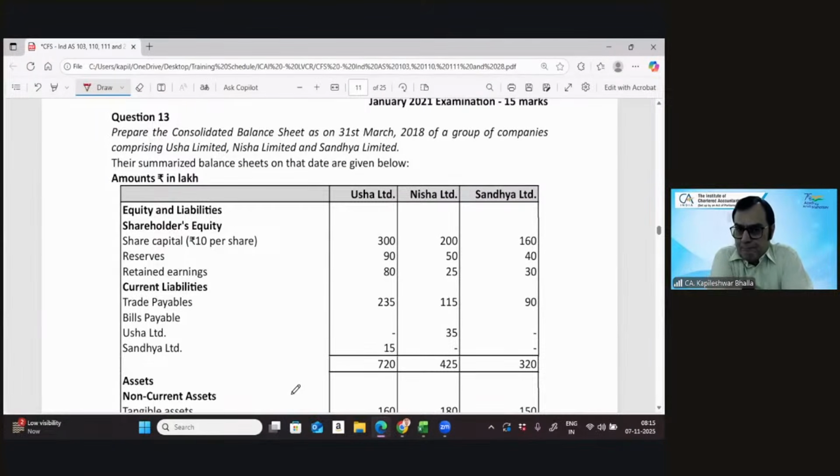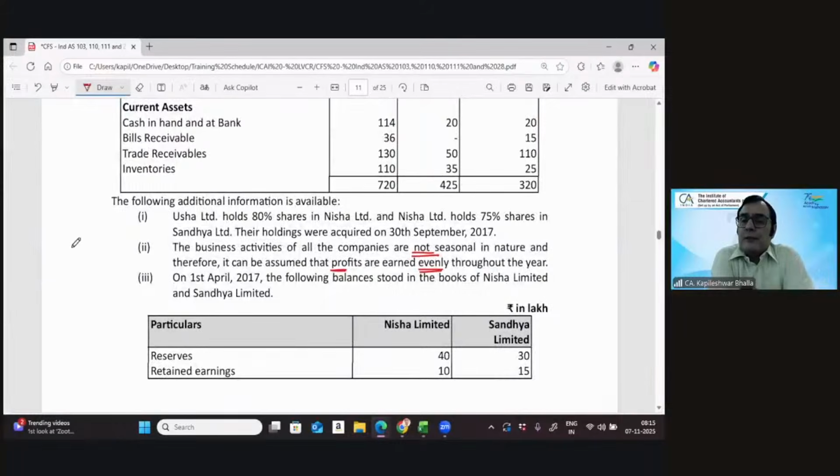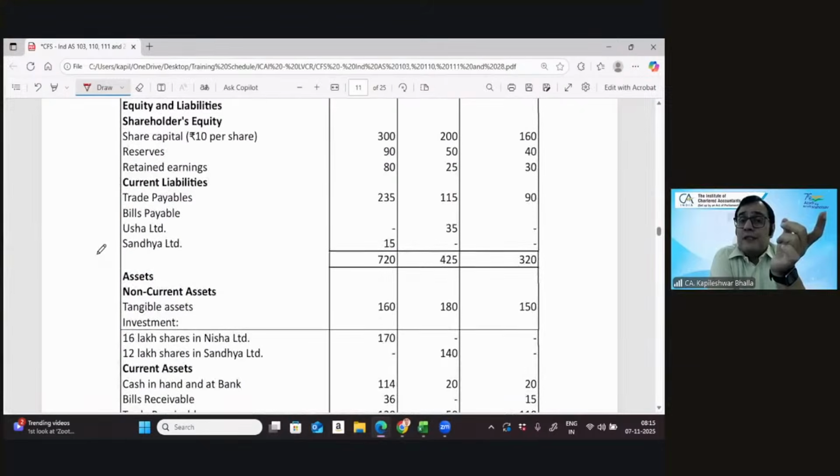Let's begin with the reserves of 50. Let's go to the additional information, and we're given in point number 3. Now remember, these reserves and retained earnings are not given to me on the date of acquisition. This is given to me as at the beginning of the year. So reserves at the beginning is 40 and reserves at the end of the year is 50.